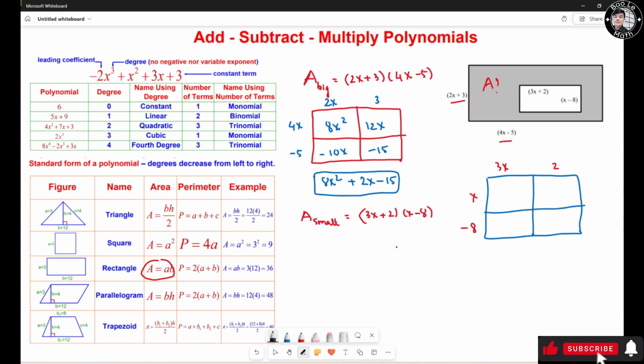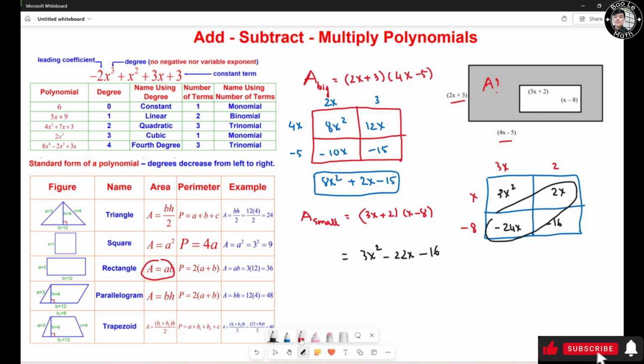S times 3s could be 3s squared. S times 2 could be 2s. Negative 8 times 3s could be negative 24s. Negative 8 times 2 is going to be negative 16, right? Now you just combine like terms. So this turns out to be 3s squared, negative 24s and 2s could be negative 22s, and then minus 16.